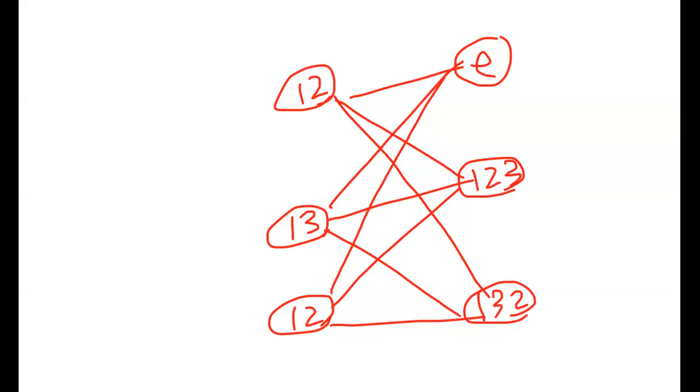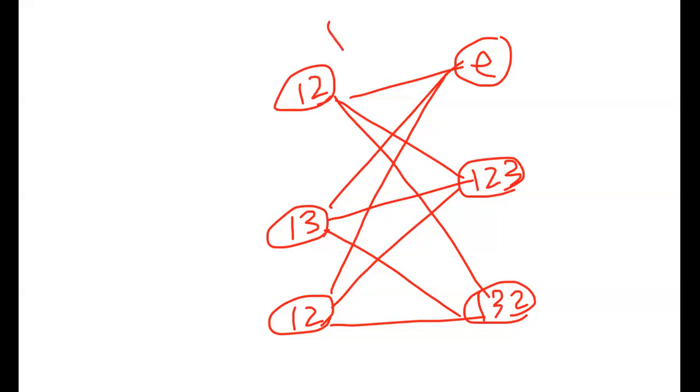So a priori, it's a directed graph. But since there's an edge in each direction between any of these nodes on the left and any node on the right, I'm not going to draw the directions. So basically what we have here is a bipartite graph.